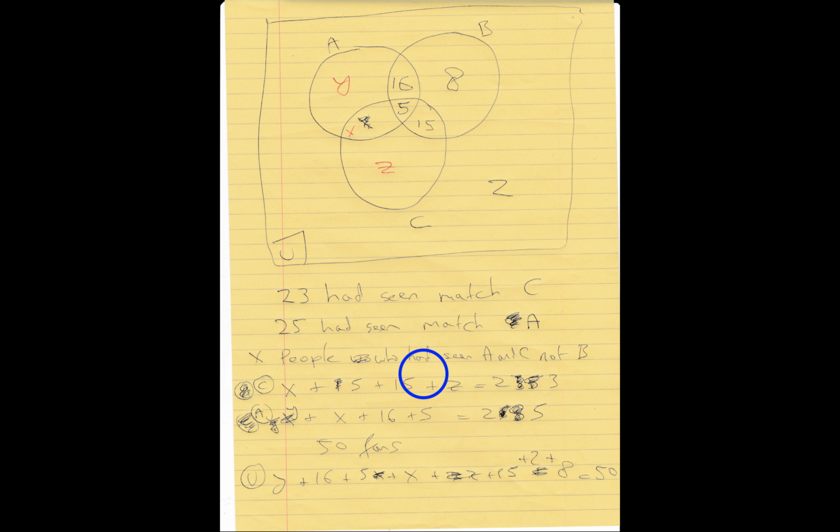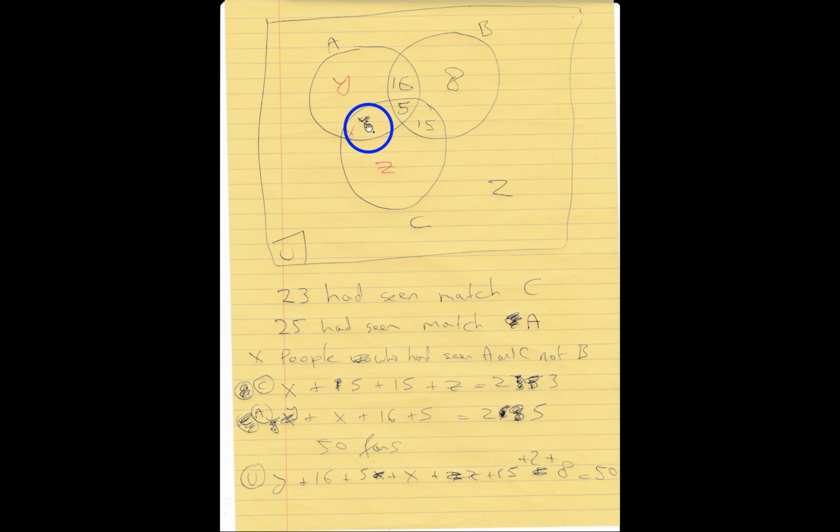So the basic idea is here, we're given some basic information. If you know what a Venn diagram is, you can identify all these things, and then you have to do a bit of manipulation to convert the 25 people who've seen match C, the 25 people who've seen match A, and the fact there's 50 fans overall.